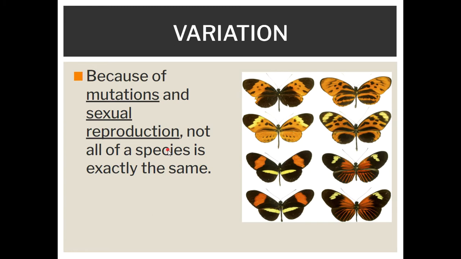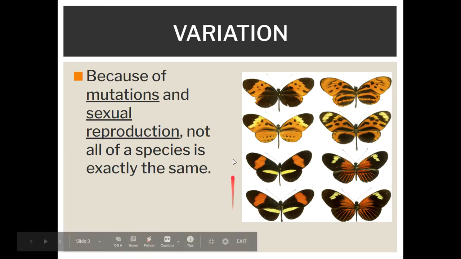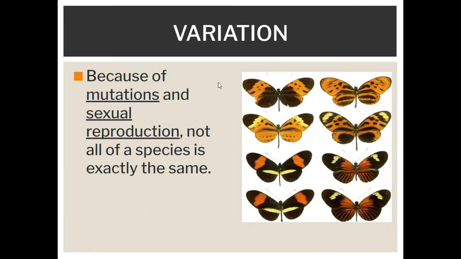If every member of the species was exactly the same, there wouldn't be anything for nature to really select for or against. So, for example, if all of the butterflies had the exact same pattern and they were all easily preyed upon, then that species would go extinct or become endangered very quickly.